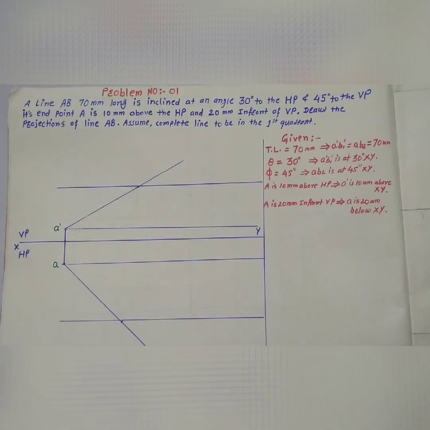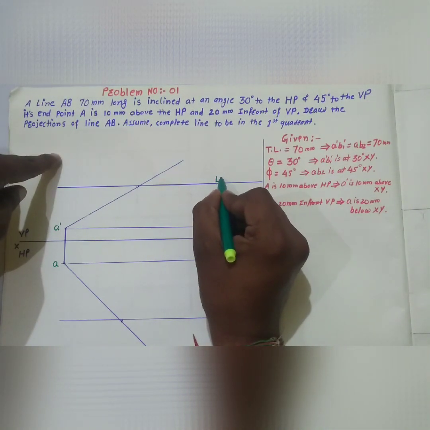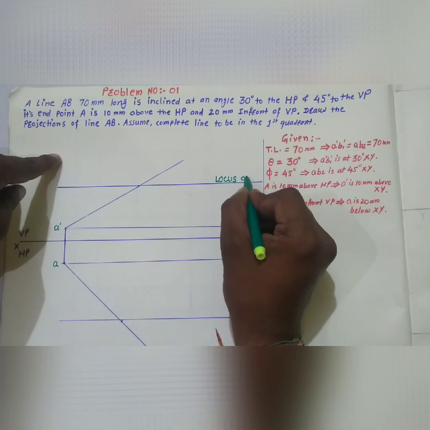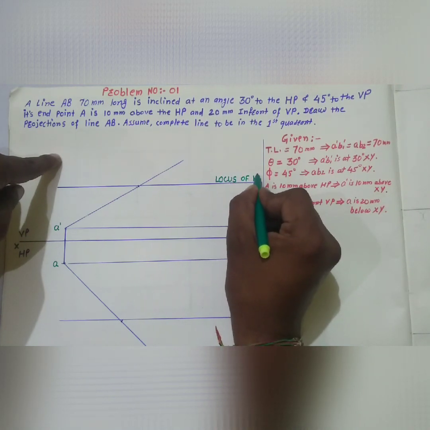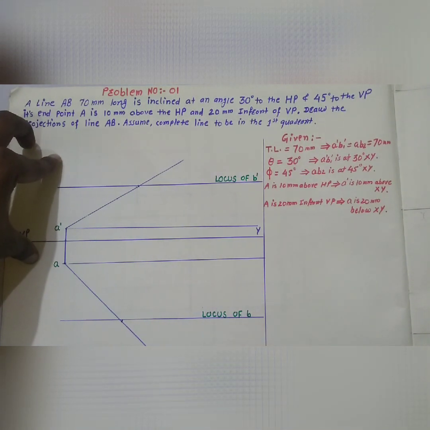So this line is nothing but the locus of B dash, and the other line is the locus of B.